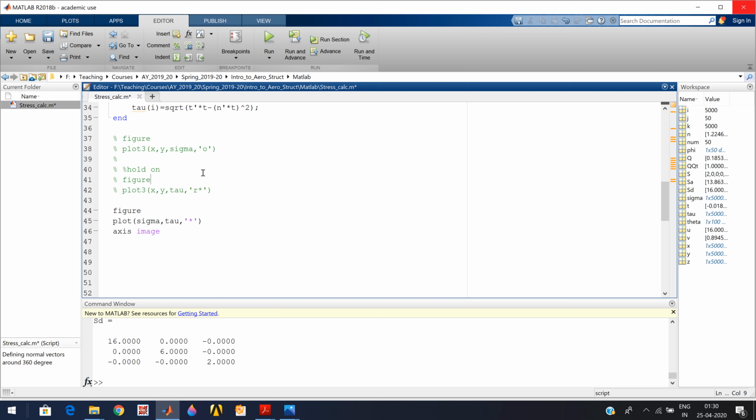Then axis image means it should make equal axis length along x and y. The reason for that you will see very shortly, so let us run this.